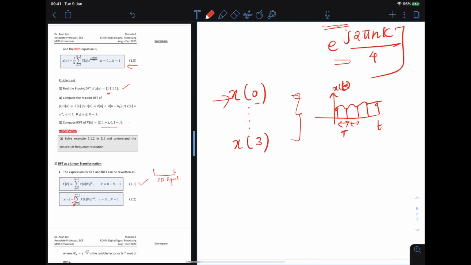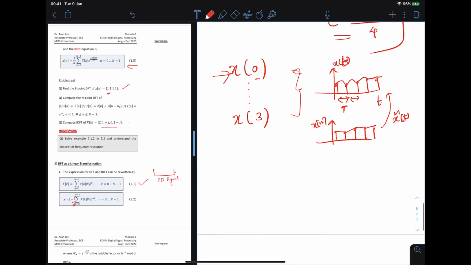Now, let us assume that this is my x of n. It is like this. When I am connecting the dots, I am going to get an approximation of x of t. I'll call it x tilde of t, an approximation of my time domain signal.